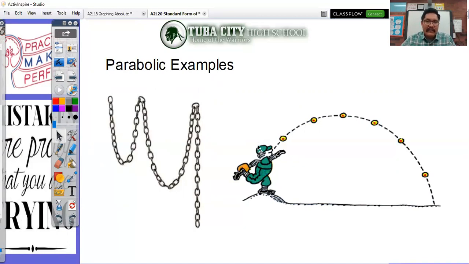Another example of a parabolic example is projectile motion. So when something is freely moving through the air, or going through the atmosphere, or actually anywhere, even orbits of planets are defined in some parts by parabolic motion.